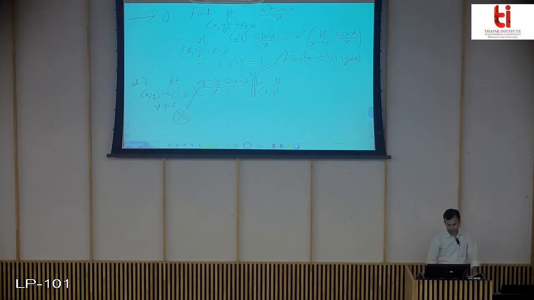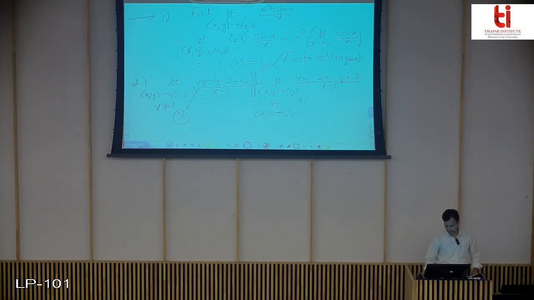So now, taking the concept of limit, how to find the limit in this case? What I can do is rearrange the terms. Let me rearrange the terms first: xy minus 2x minus y plus 2, upon x minus 1. Now you can see I have common factors.